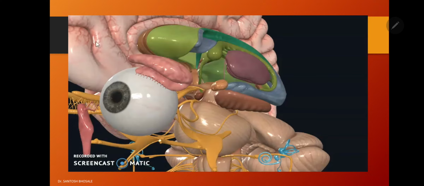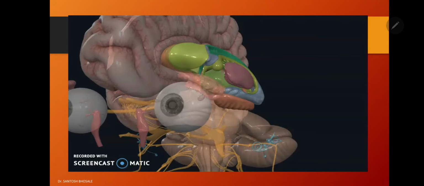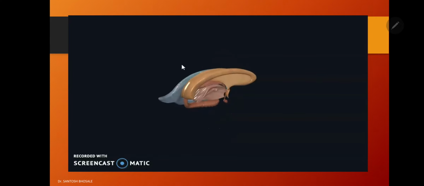So if you isolate these structures, you will get to know the relations. Now you can see how the body of the lateral ventricle is surrounded by the corpus callosum here, the body of the corpus callosum forming the roof, whereas the floor is formed by the fornix, the arrow is showing the fornix.